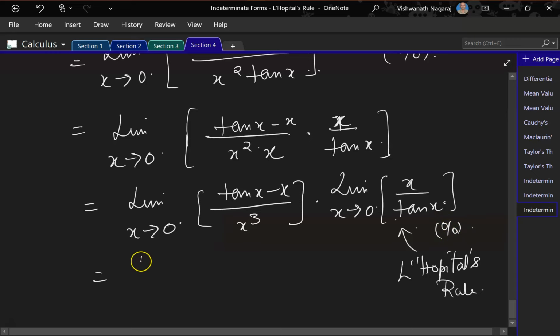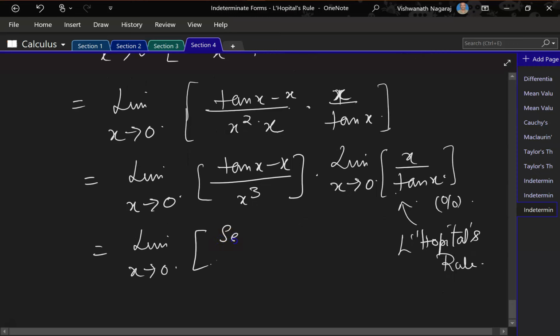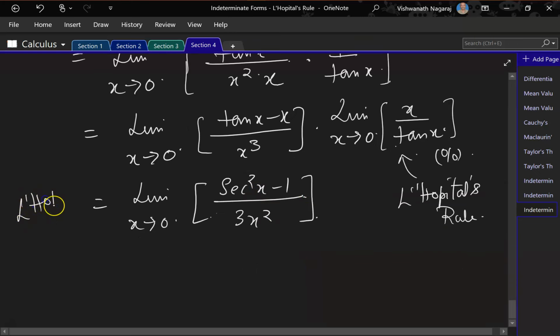Okay, now comes this part. In this case, what do we do? Apply L'Hopital's rule again here: sec square x minus 1 by 3x square. Now again the denominator is still 0, so let's differentiate it once more.